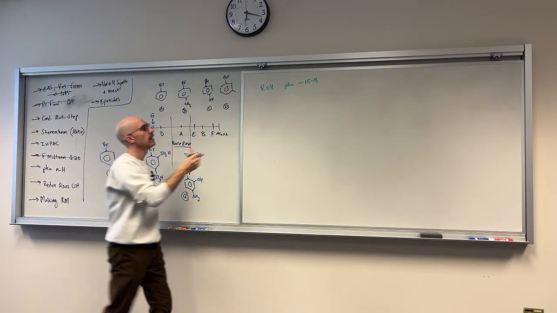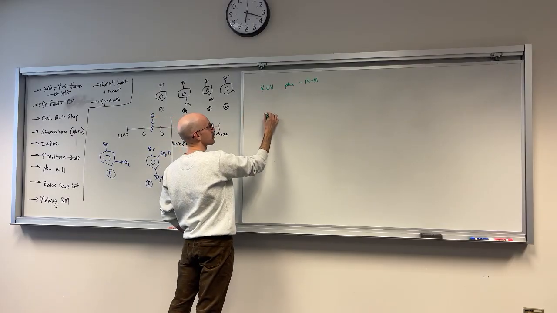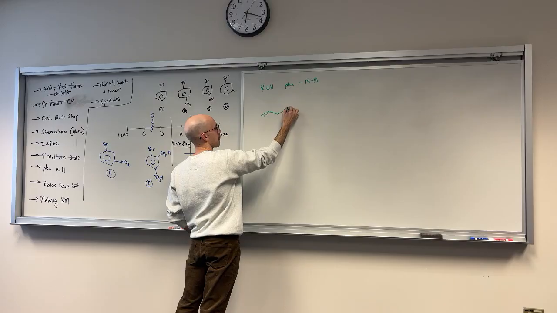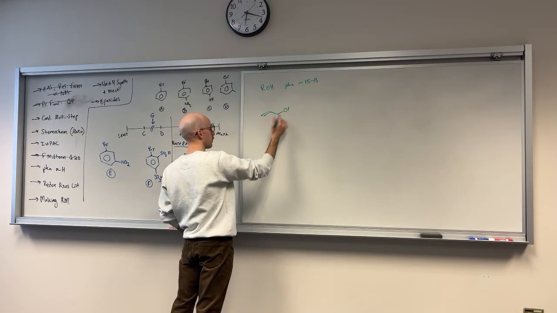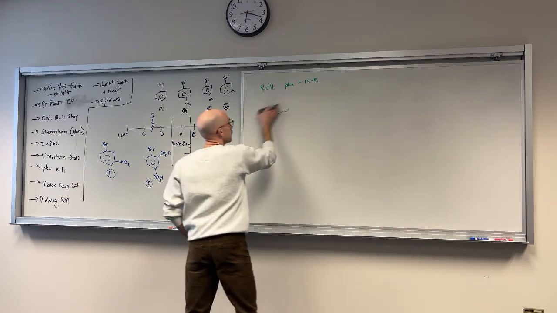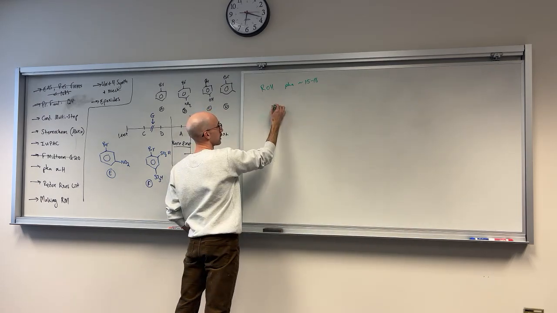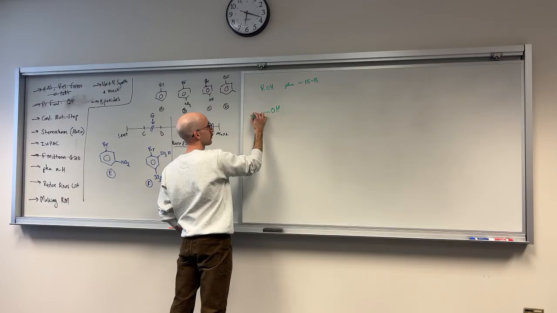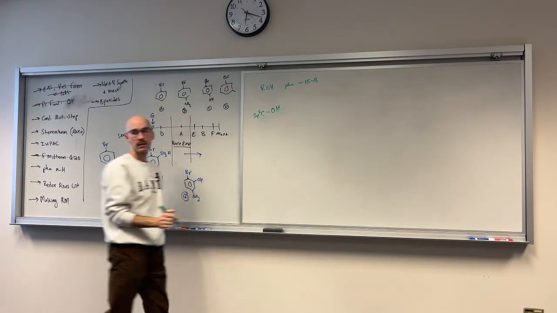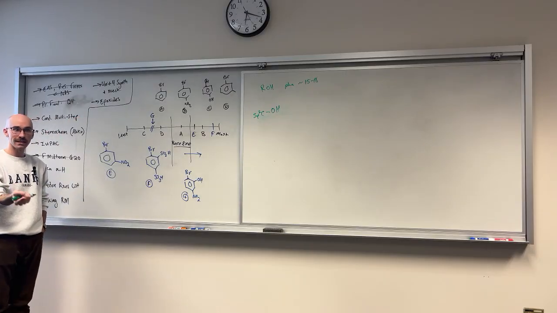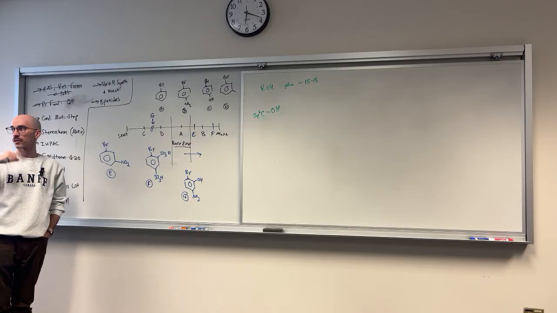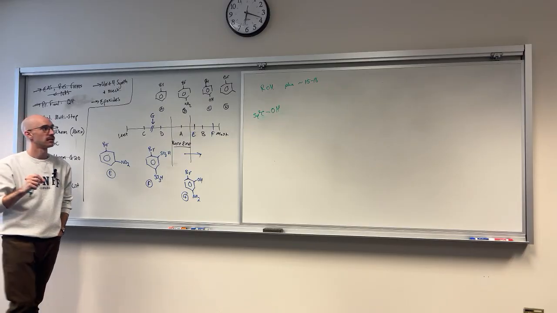So if I can provide some sort of resonance, meaning, if that oxygen is connected directly to some sp2 carbon, then its conjugate base can be in resonance with whatever that sp2 hybridized carbon is.